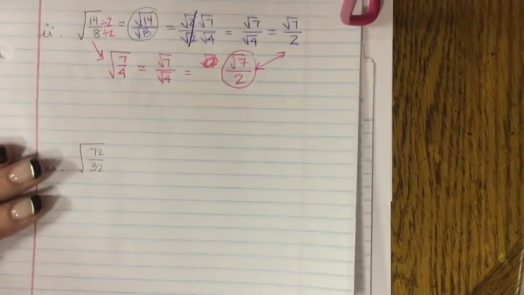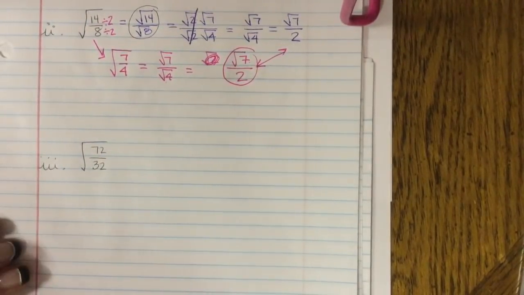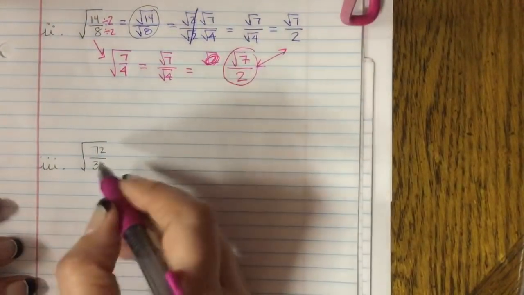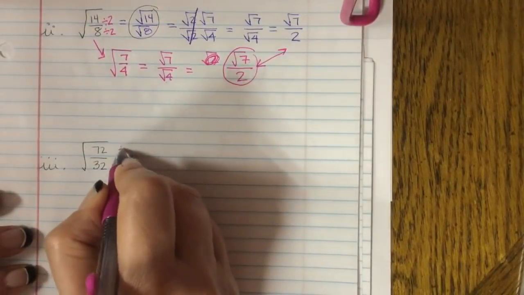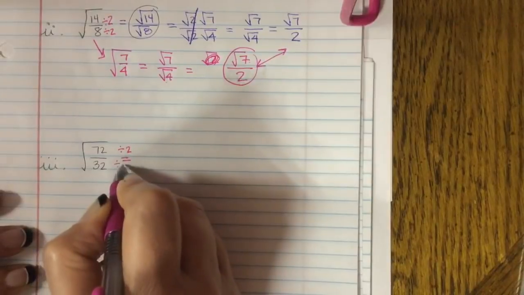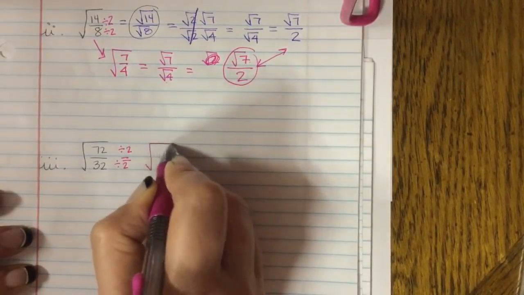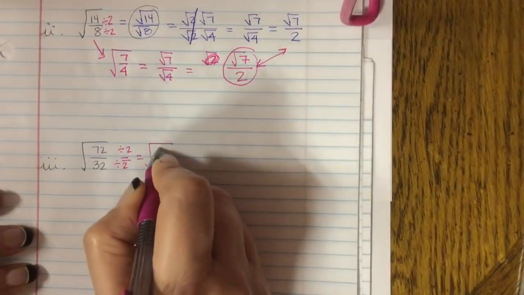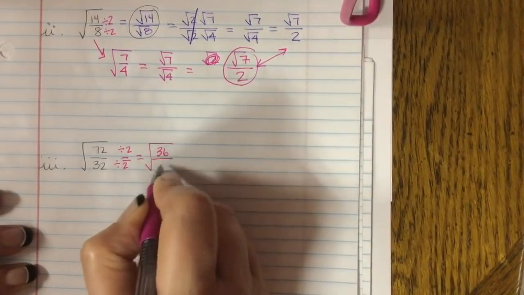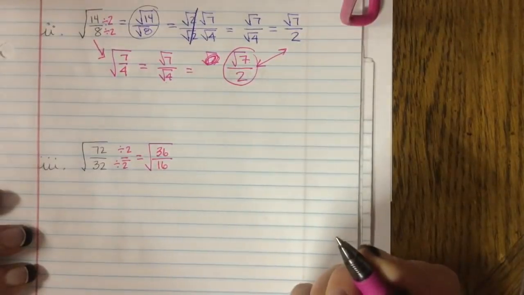Our last example here is the square root of 72 over 32. So I'm just going to go ahead and divide by 2 on this before we start breaking it up. So when I divide this radical, numerator and denominator, by 2, I end up with the square root of 36 over the square root of 16.